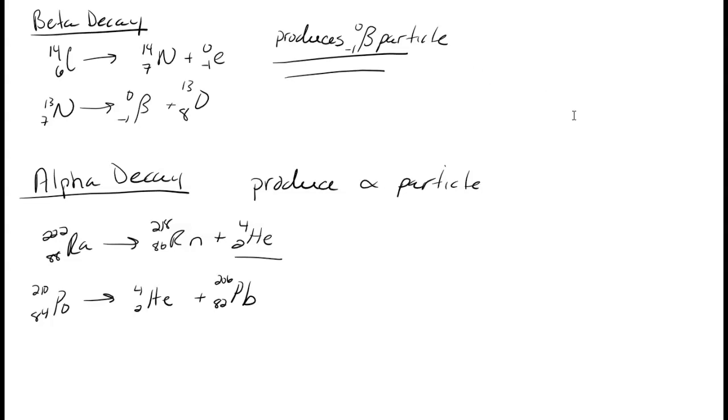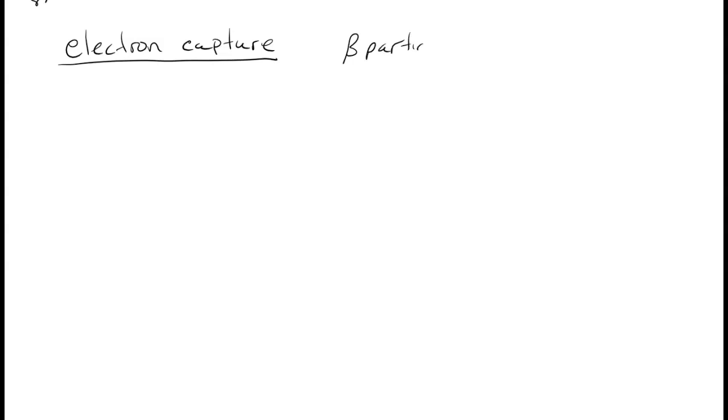I believe that the next one that you had was an electron capture. Unlike the decay, a capture indicates that the electron or beta particle will be on the reactant side. Okay, so it's being captured by the nucleus of the atom. An example of this, let's look at arsenic.